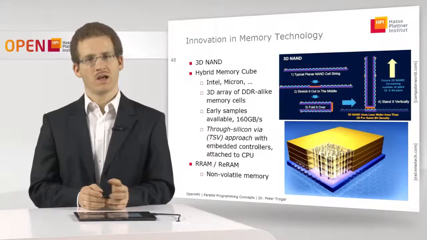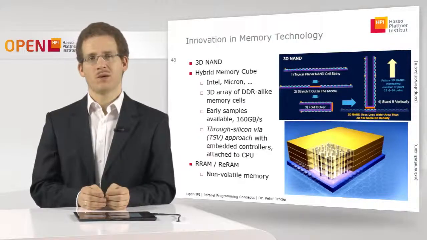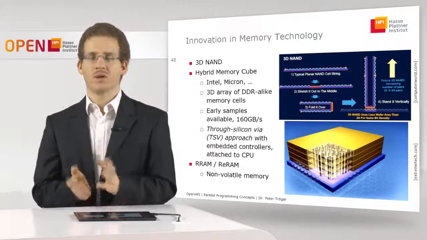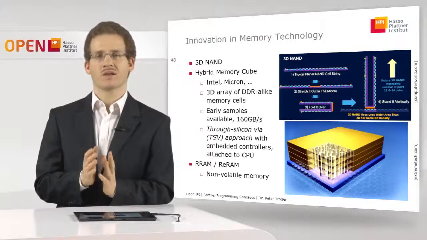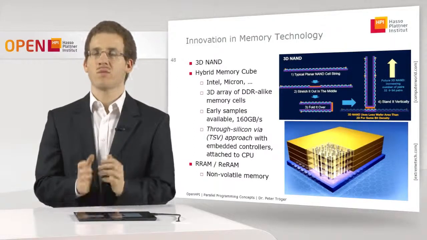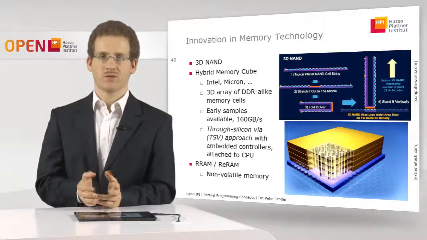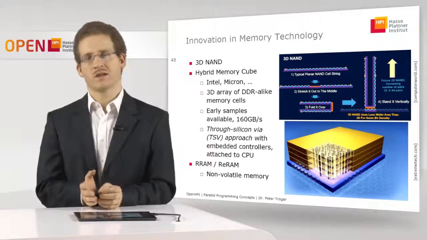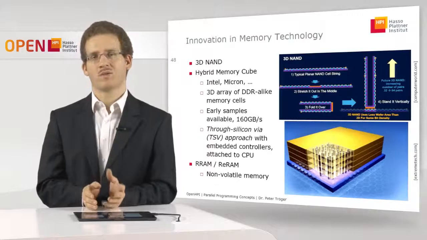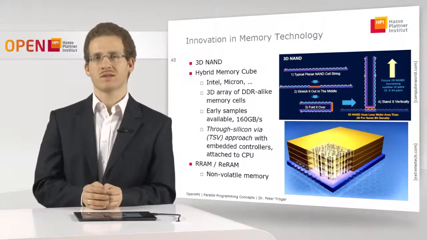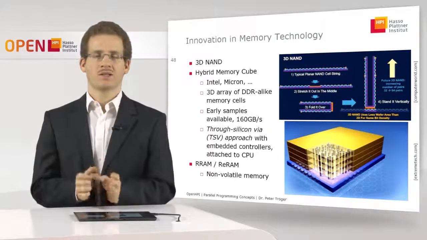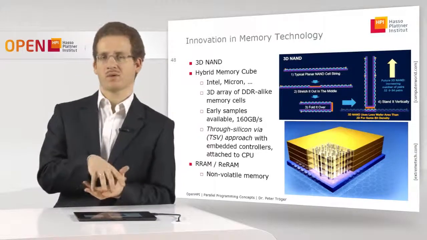One example is 3D NAND memory, where the hardware vendors rearrange memory hardware cells in order to stack more of them on each other. There's also the concept of a hybrid memory cube by Intel and other participants, where we have a 3D array of memory cells stacked on each other, and this stack is put on top of the processor.